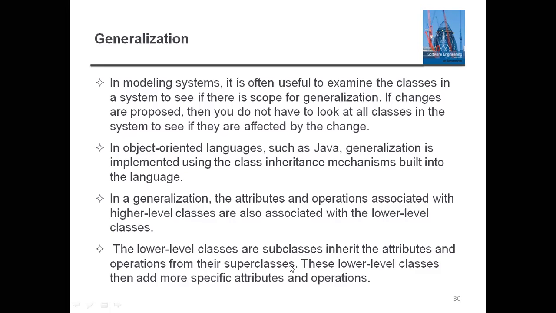The lower level classes, or subclasses, inherit all the attributes and operations from the superclass. In the lower level, if you want to add specific attributes, you can add them. Suppose a parent class has name, email, phone number, and functions. From the parent, the child has come, right?